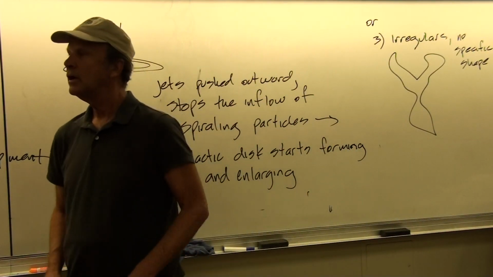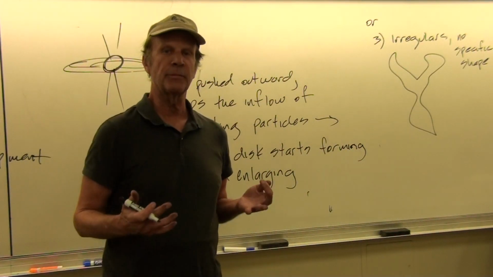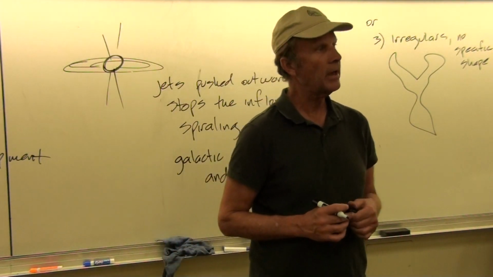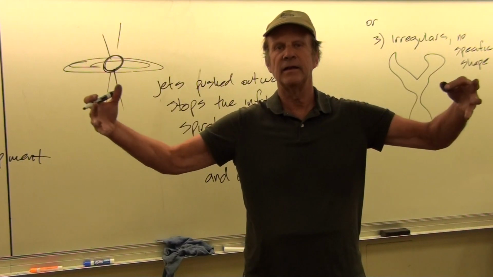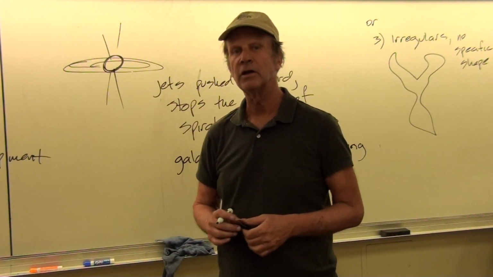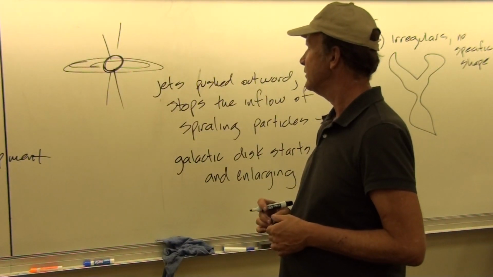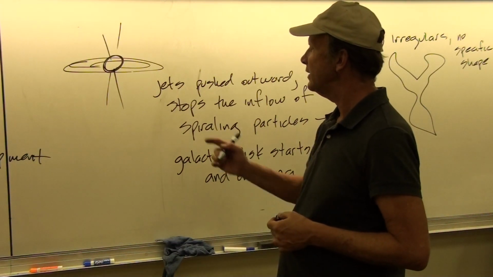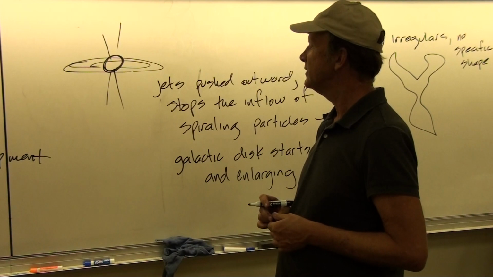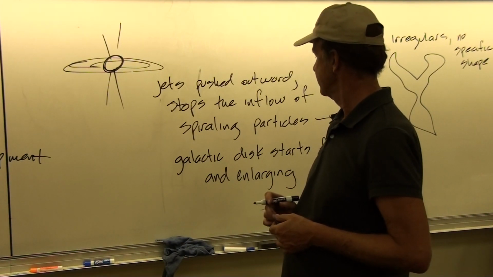Okay, and so we think that this part of our spiral galaxy probably wasn't here when the galaxy first formed, and that this is the result of collisions with other galaxies as well as just material in the disk being converted into stars.